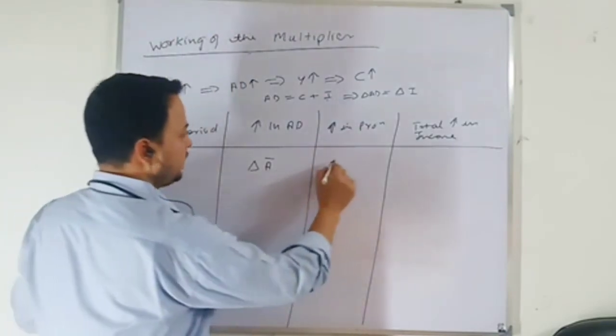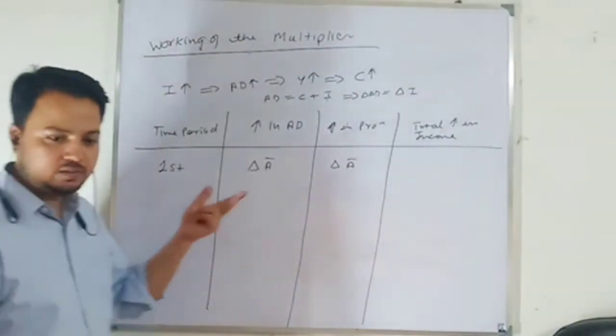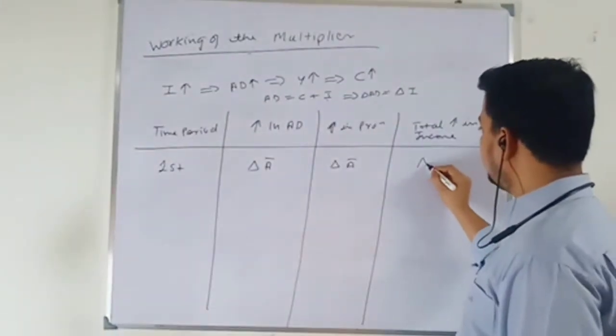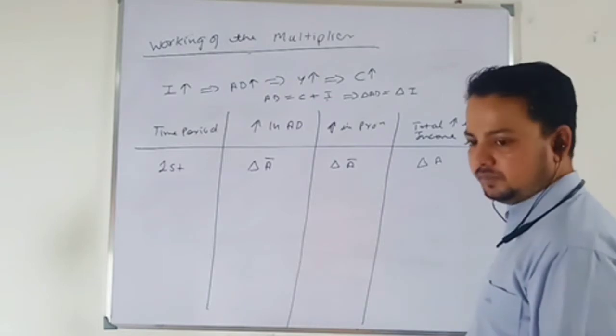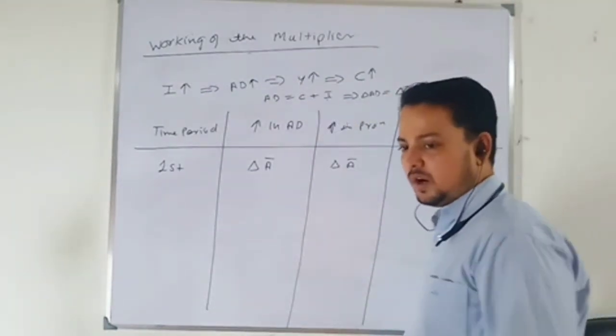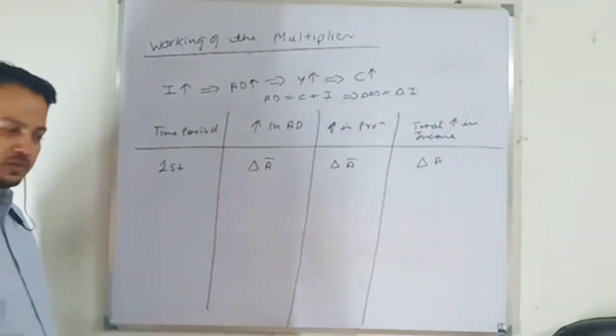So production will also increase by 100. Increase means it will change by 100. So total income will increase in the first round by 100, right? So what is income used for? Consumption and saving, right?